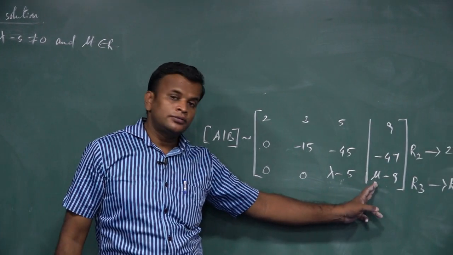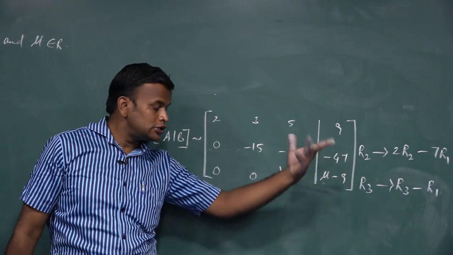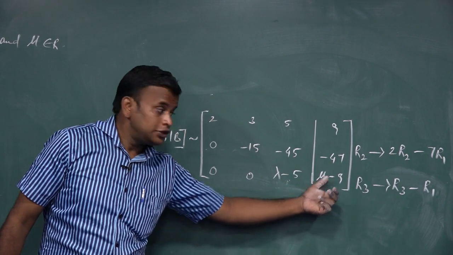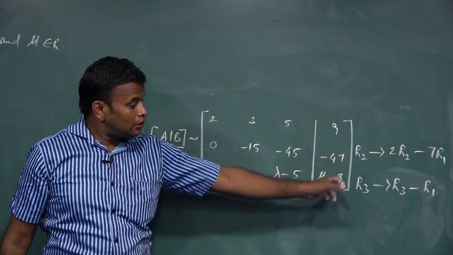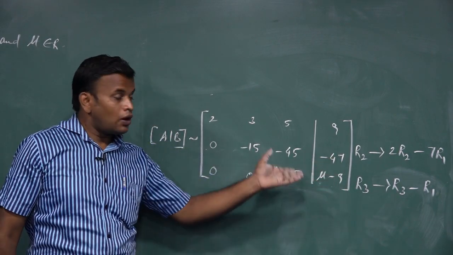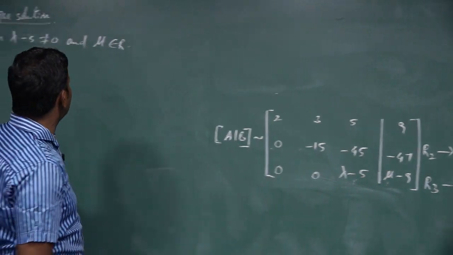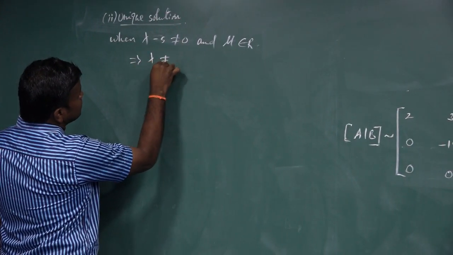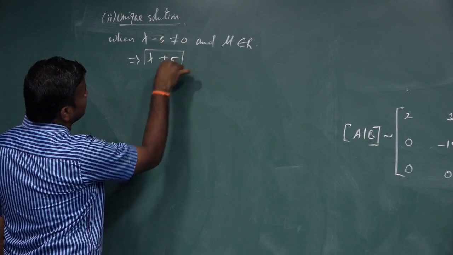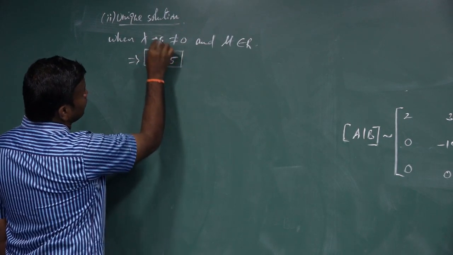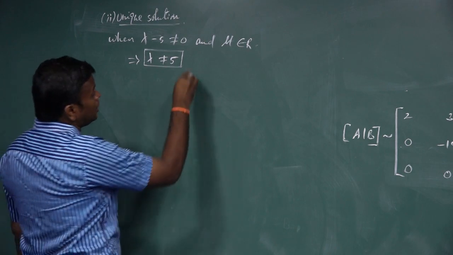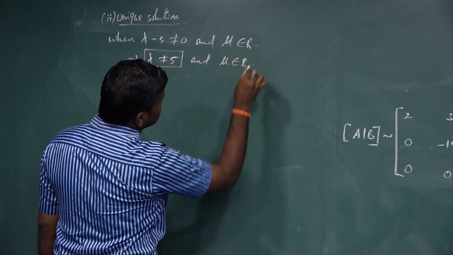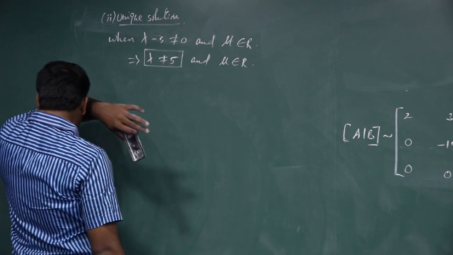It may be 9. 9 is also a real number. 9 minus 9 is 0, no problem, because this one is non-zero. Or 0 minus 9. We put any real number. This value is 0 or non-zero. So lambda is not equal to 5. Minus 5 becomes plus 5 on that side. And nu belongs to R, where nu is any real number.